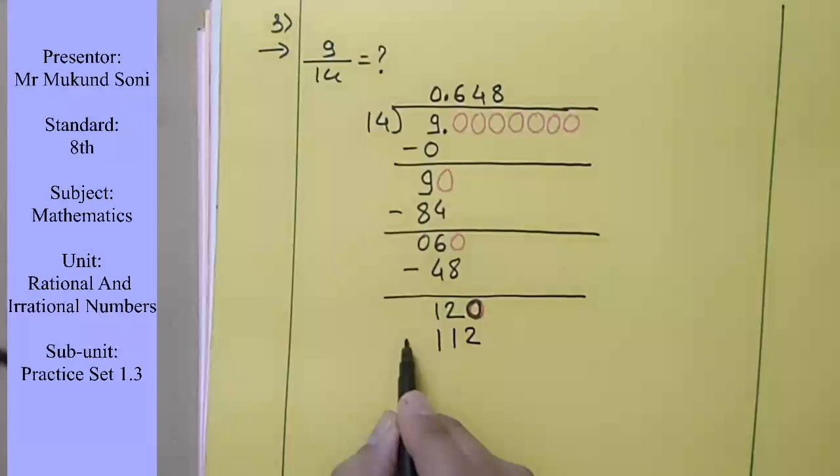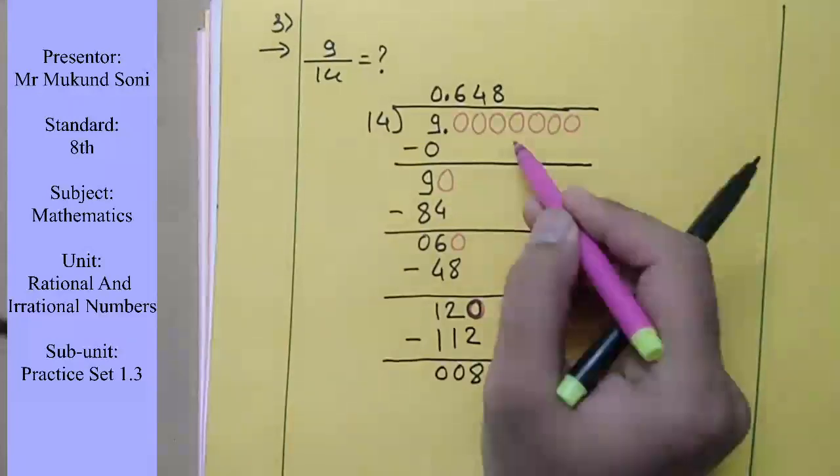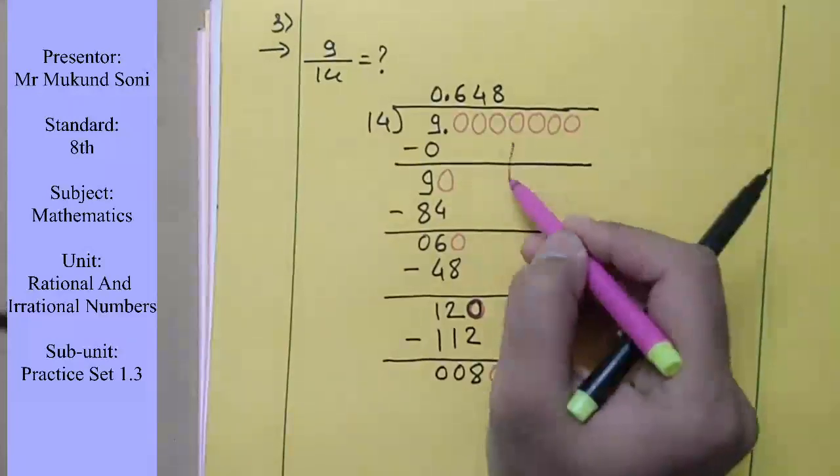Take the next 0 down. Now if you see here, this is the fourth 0 which we are having here. You don't need to draw this arrow, it is only for your reference.